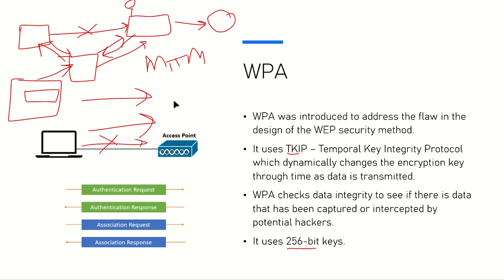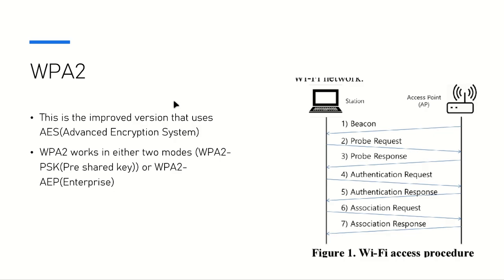So would you use WPA? Well, yes and no. Rather use the improved version of WPA, which is the uncle WPA2. WPA2 can either use the Advanced Encryption Standard or pre-shared keys. Both of them are secure, so you pick which one you'd like to use.